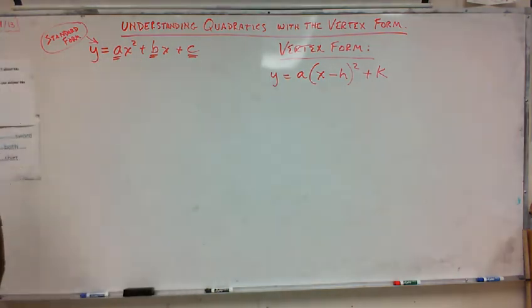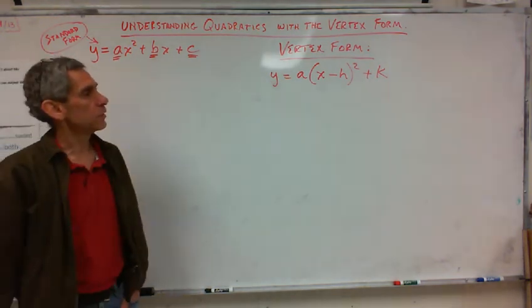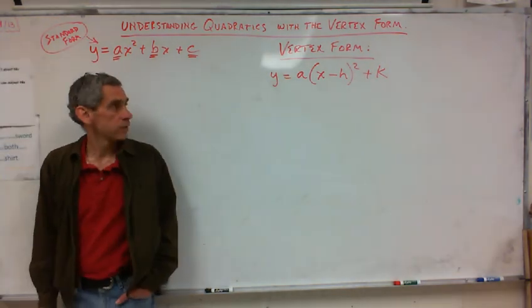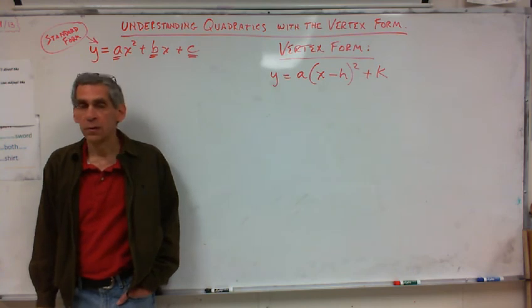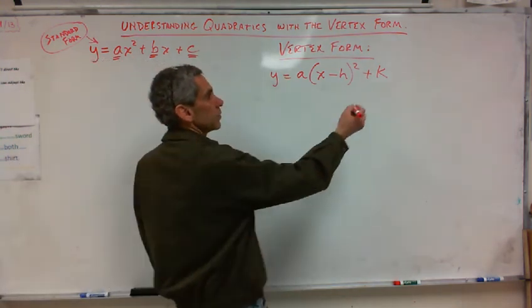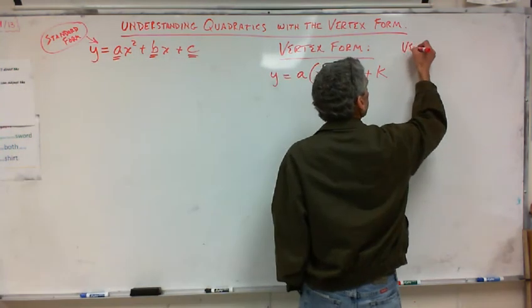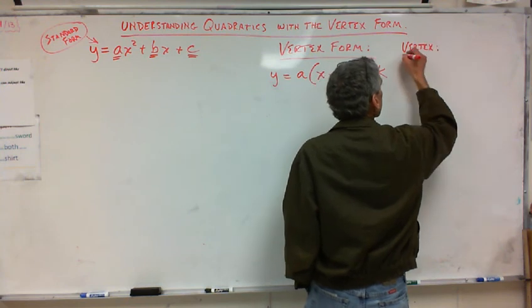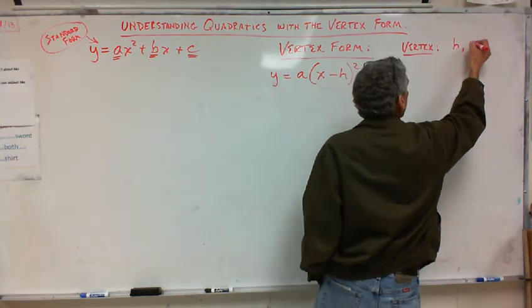Okay, so write that formula down. Y is equal to a times the quantity x minus h, squared, plus k. So the vertex is h comma k.